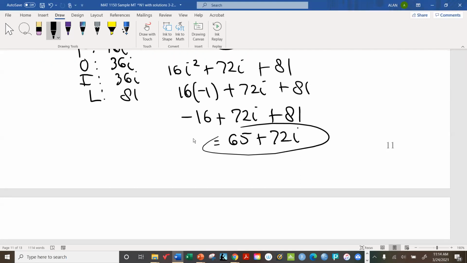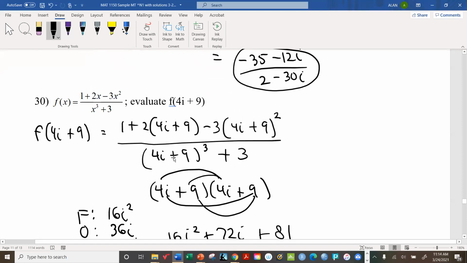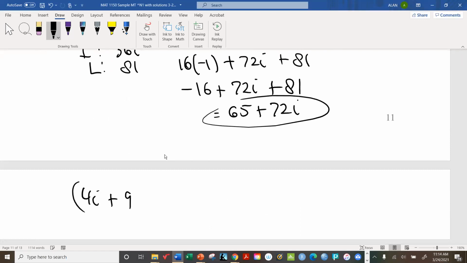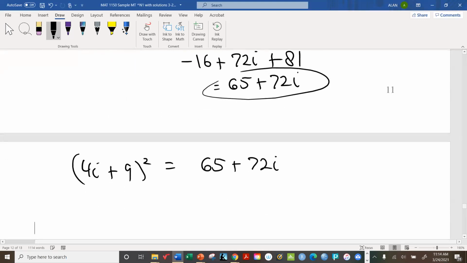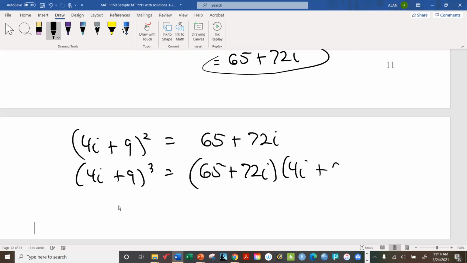Now, in order to get 4i plus 9 cubed, the final result of 4i plus 9 squared equals this, which means that if I want to cube this, I can take this result and multiply it by 4i plus 9.